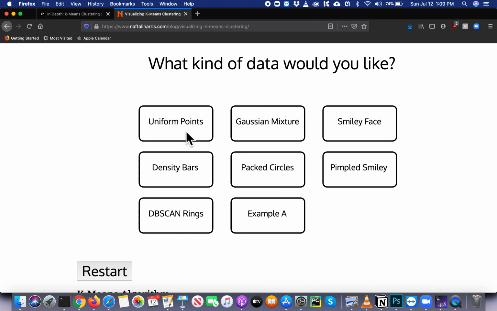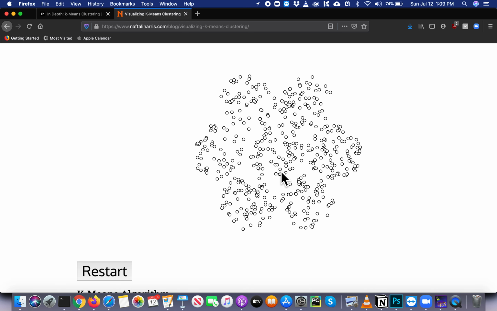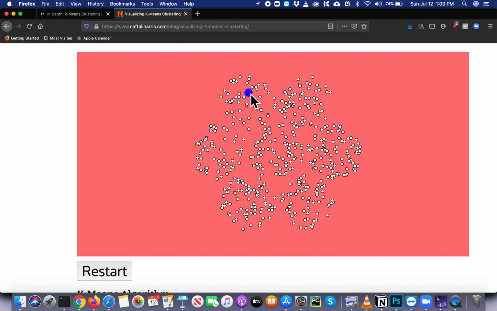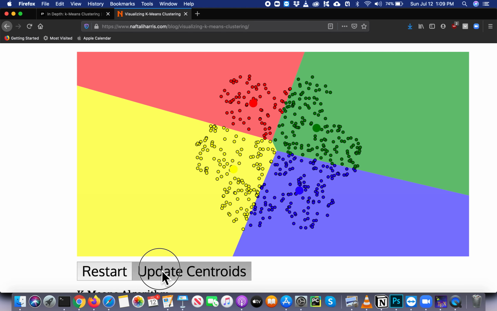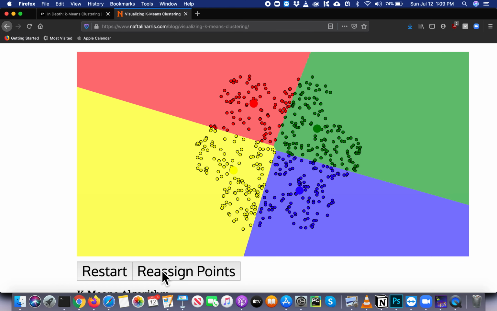If we look at some other data, let's say we take some concentric circles, and if we were to choose, let's say, 4 clusters. If you keep on repeating this, you see that firstly the boundaries between them, as we discussed, are lines. So this cannot really capture some complicated patterns.